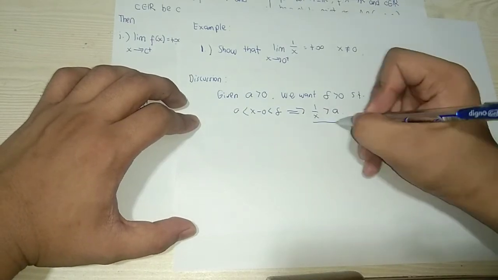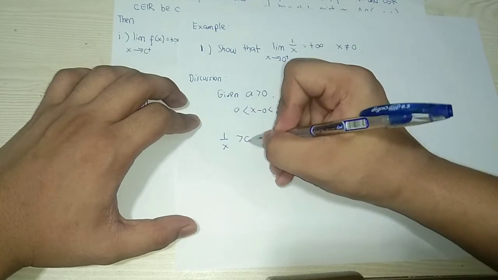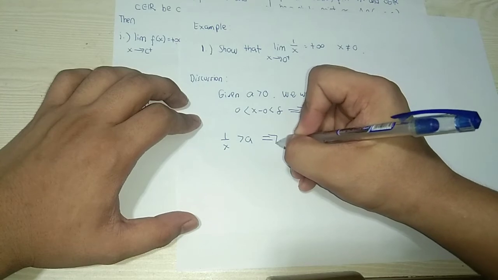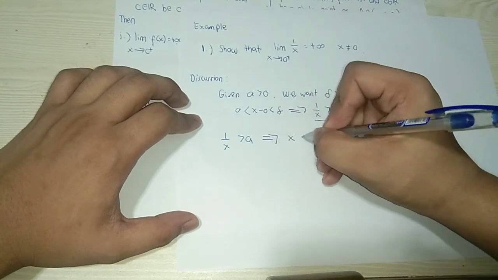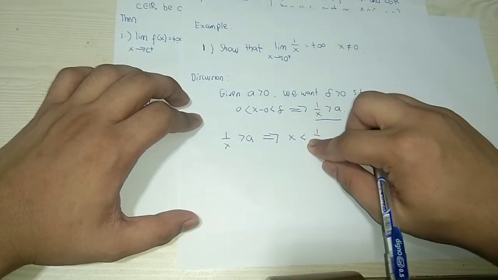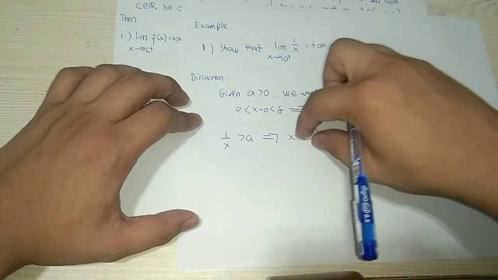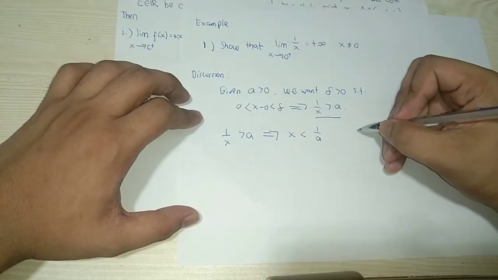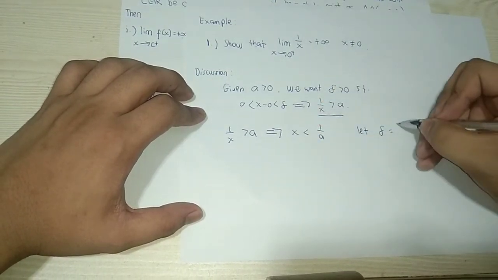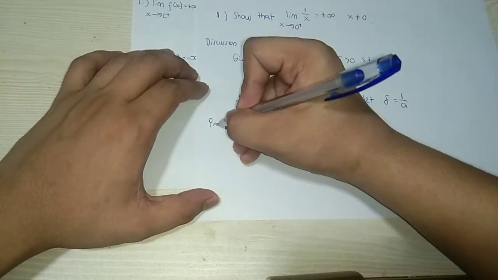Okay? So, ito ulit gamitin natin. 1 over x greater than a. This is x less than 1 over a. Reciprocal. Mababago yung direction. So, yung x natin less than 1 over a. So, kapag ganito na siya, then, iset natin delta to be 1 over a. So, doon na tayo sa proof.